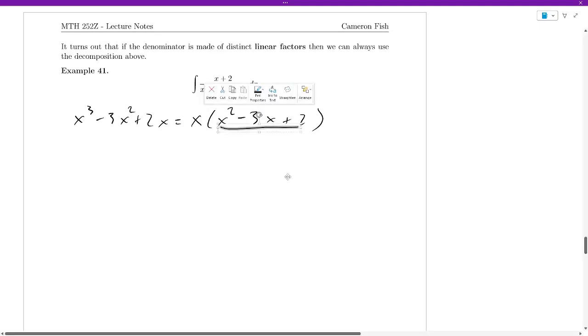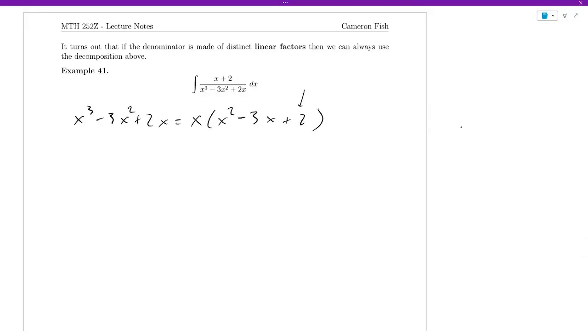A good way to factor is to ask: what are two numbers that multiply to make this third number, c, and add up to make this second number? Two numbers that work are x minus 2 and x minus 1. Negative 2 times negative 1 is positive 2, and negative 2x minus 1x is negative 3x. So when you FOIL, that works.